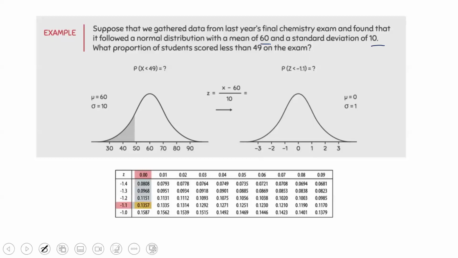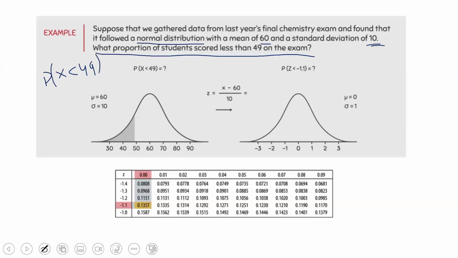Mean is given, standard deviation is given, and it is also said that the chemistry marks followed a normal distribution. What portion of students scored less than 49 on the exam? So you have to find the probability of a random variable less than 49.